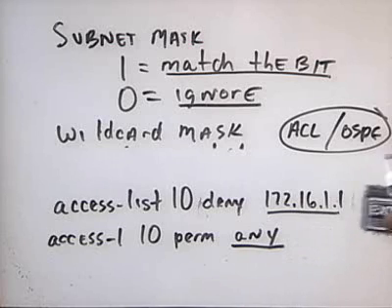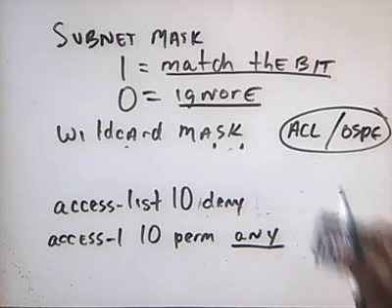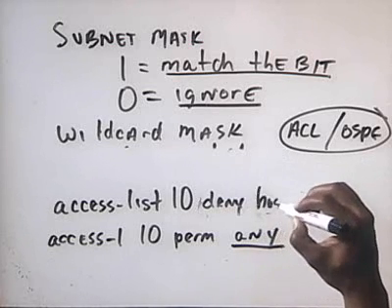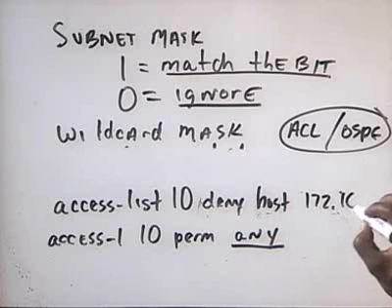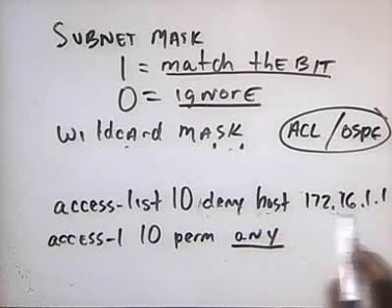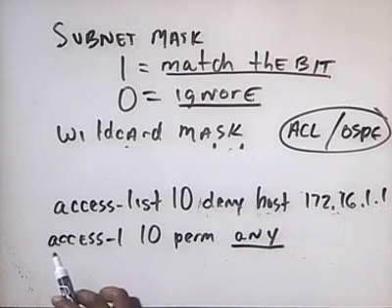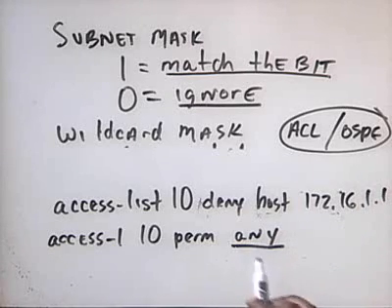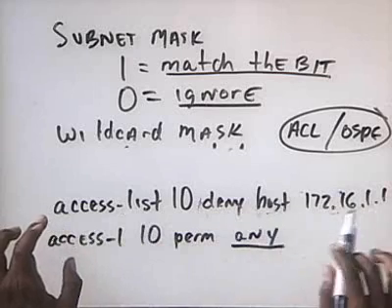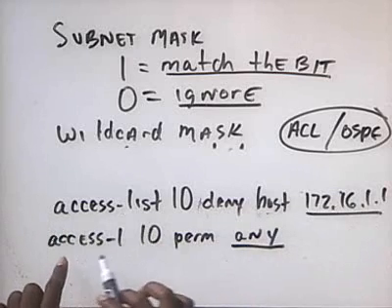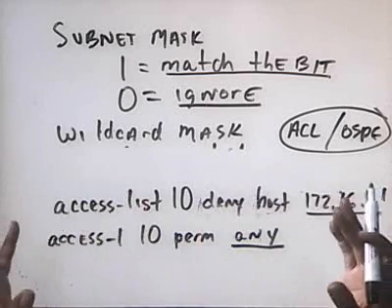The other way we could have done that instead was we could have said deny host 172.16.1.1. That's the abbreviation for that instead of having to type out that mask. And then access list 10 permit any. So we're denying traffic for this particular host, but we're allowing all other traffic.